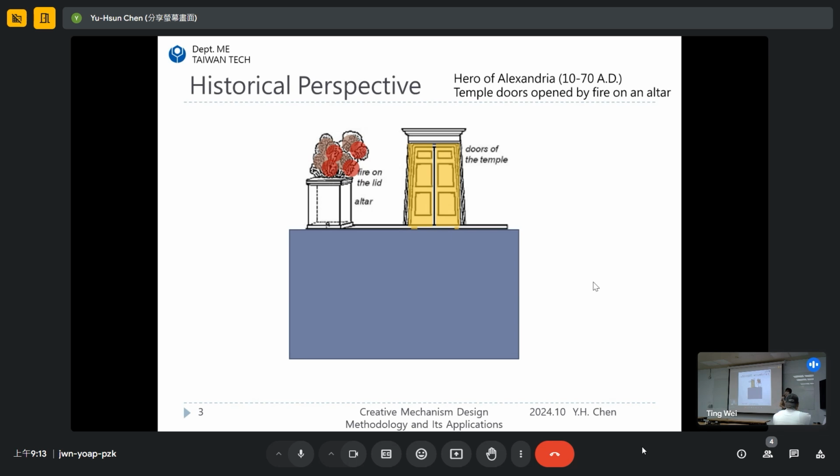The Alexandria area is located in Egypt. What is this design? As we know, that is the door of the temple, with a fire lit. I think that is a ceremony: if someone is a king, they have to prove that they have the power, that the god has authorized them, that this person is qualified to lord over everyone.